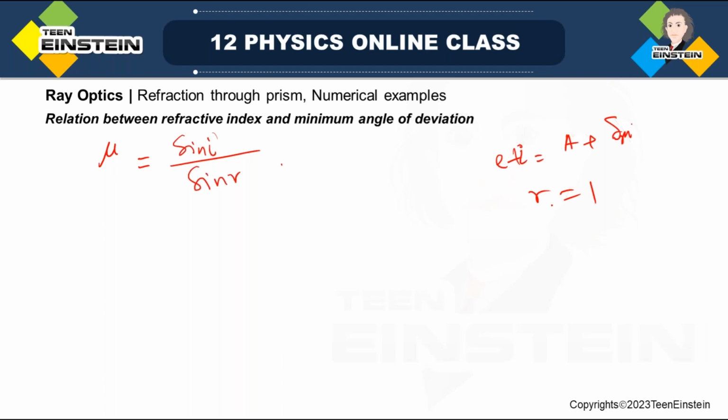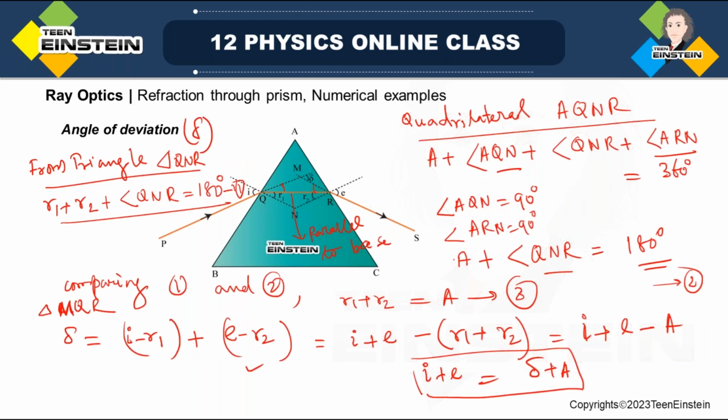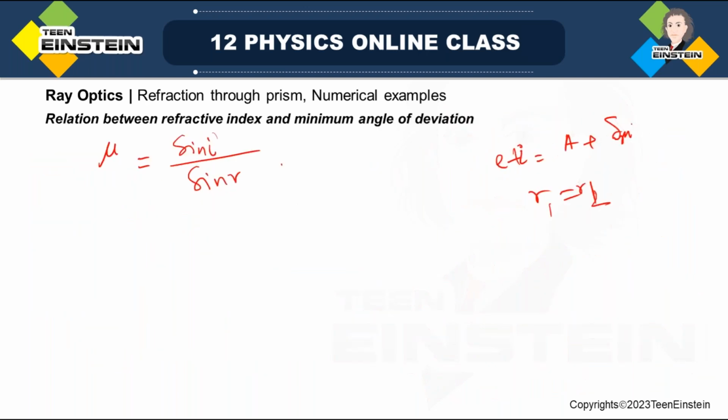Again, R1 is equal to R2. So what we will do? Look, in the beginning we have done one thing, that R1 plus R2 is equal to A, equation number 3.